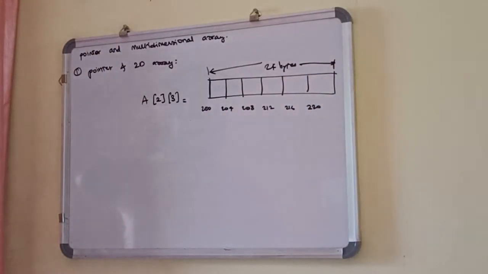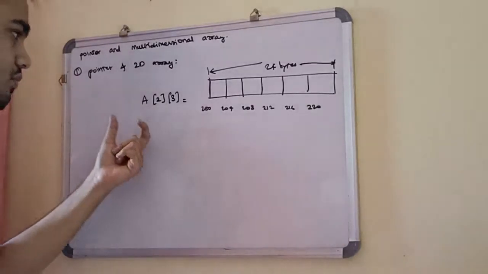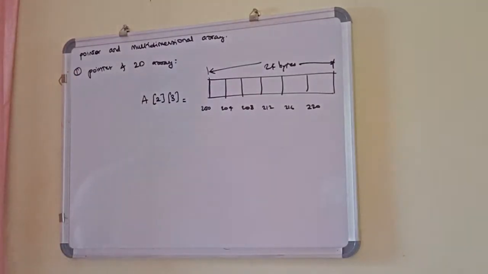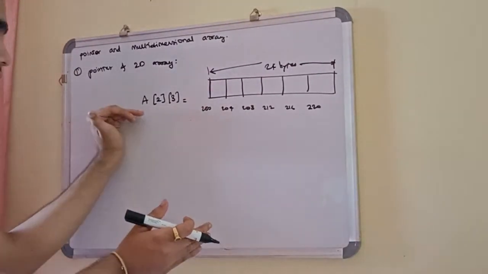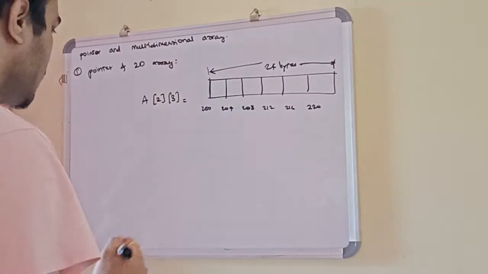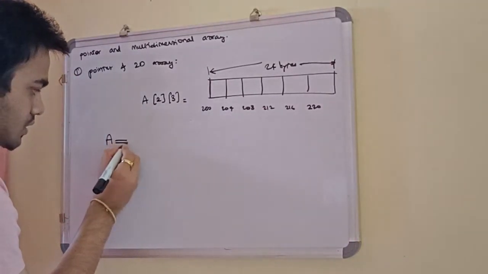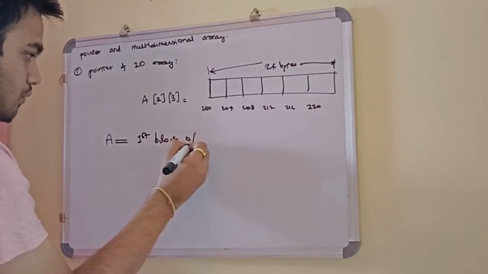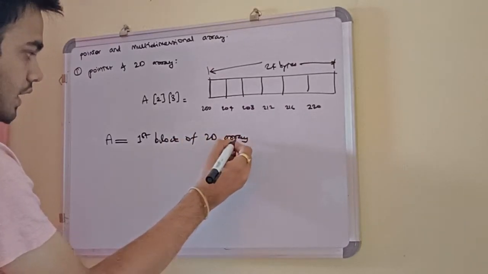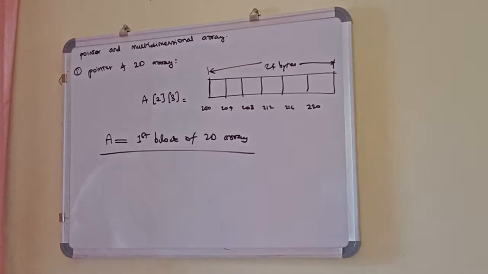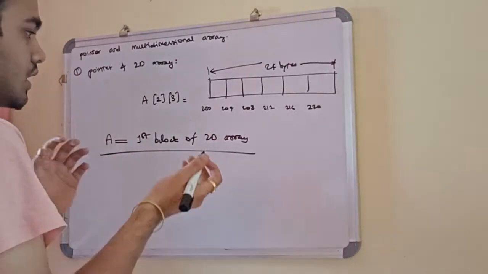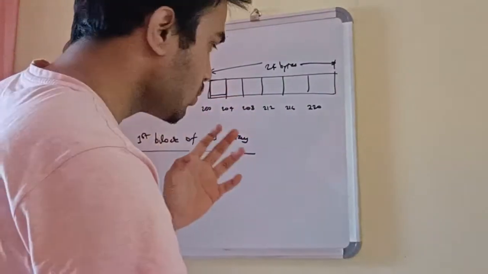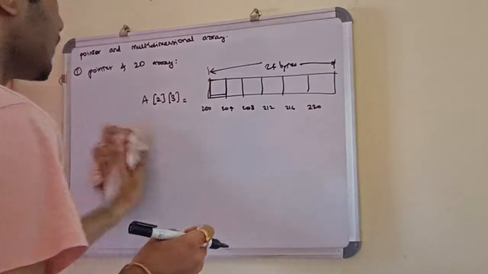Now how does pointer arithmetic work in this? First we will look using the address a, and then we will go further. Here a is equal to the first block of the 2D array. What is the first block? In a 1D array, the first block was a single element, but as it is a 2D array, the first block is the first row.